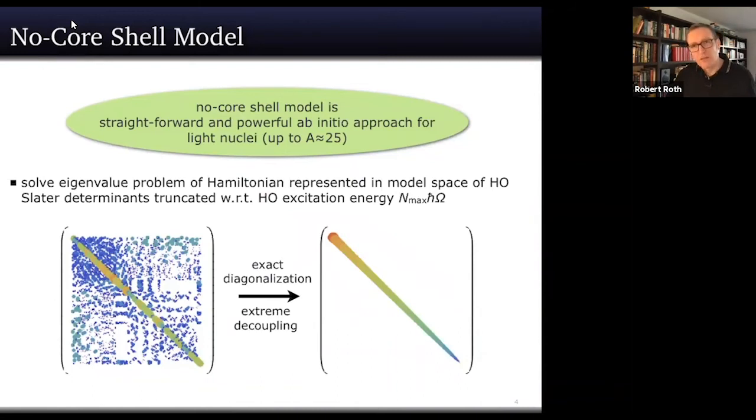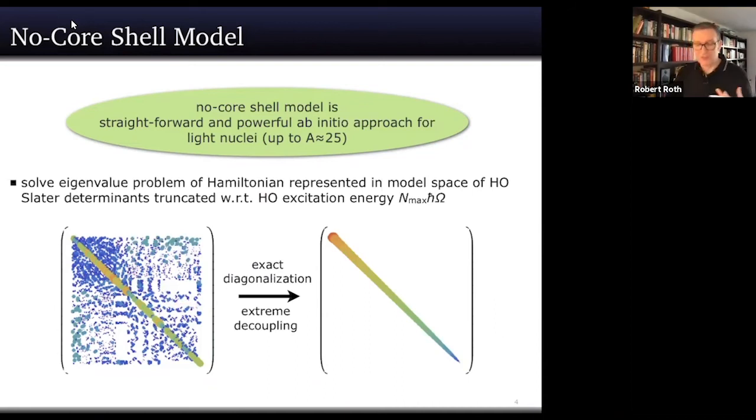Now remember what we had in terms of language and ideas when discussing the similarity RG. I used terms like decoupling. I said I want to suppress off-diagonal terms in my matrix, and this is decoupling.